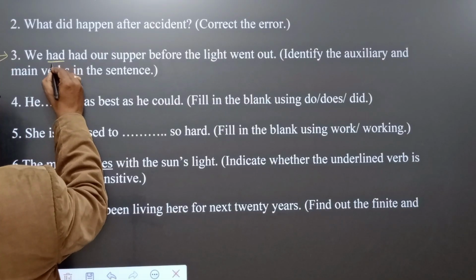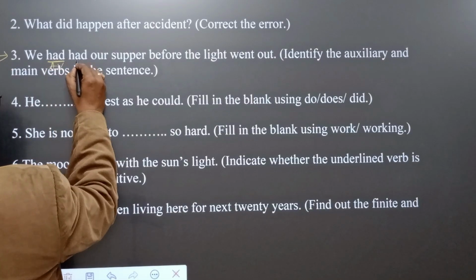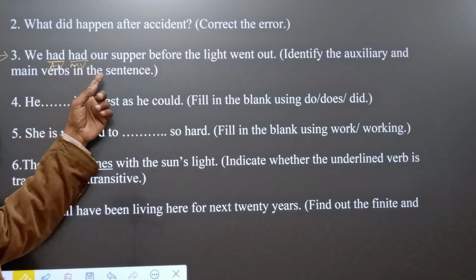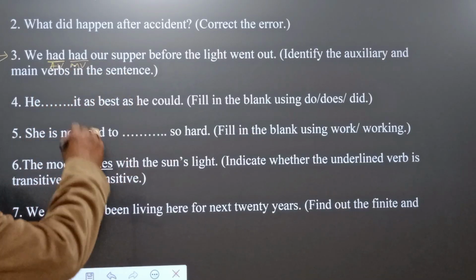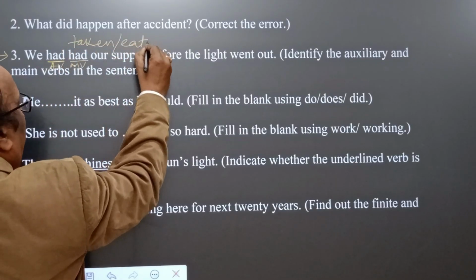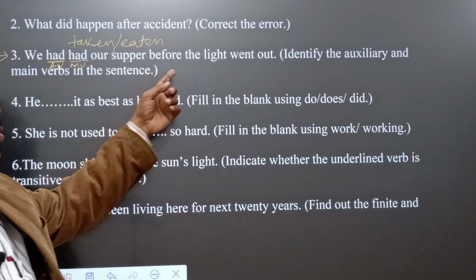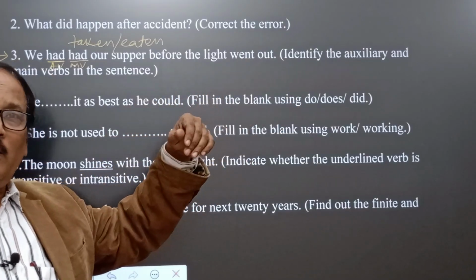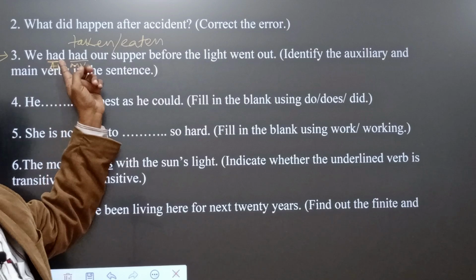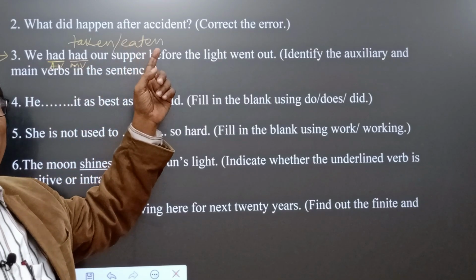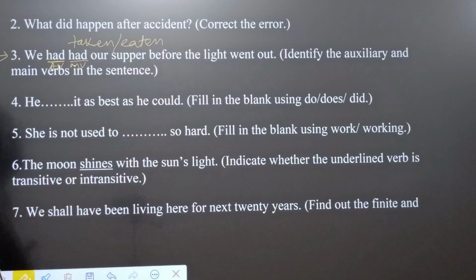Here, had is the auxiliary verb and this had is the main verb. We had our supper means we had taken or eaten our supper before the light went out. The light went out is the latter action, but the earlier action is we had. It means we had taken or eaten our supper.